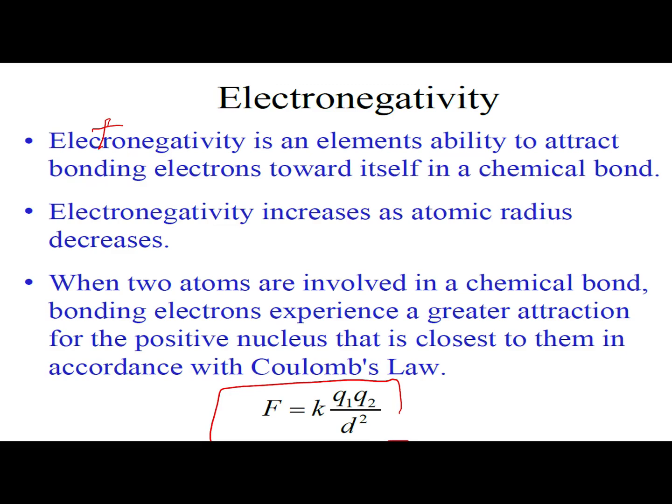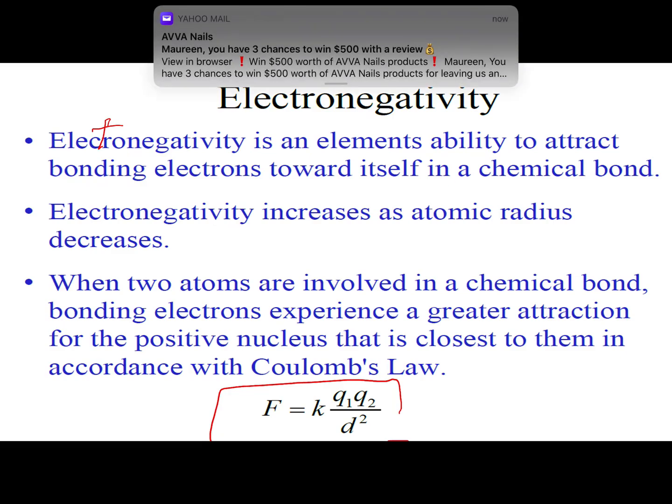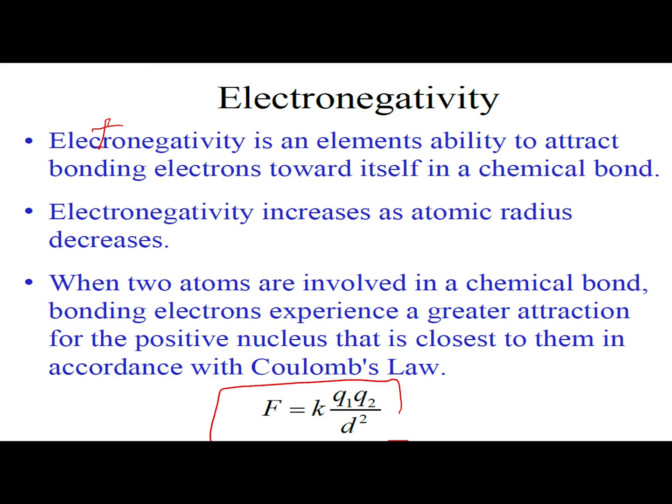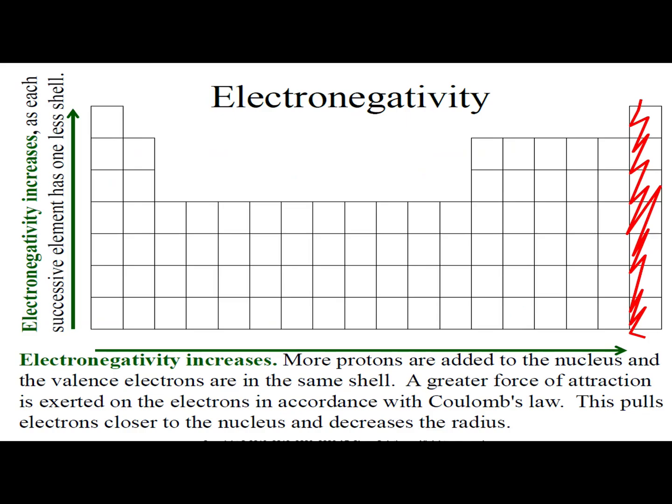radius. So when two atoms are involved in a chemical bond, the bonding electrons experience a greater attraction for the positive nucleus that is closest to them in accordance to Coulomb's law. When moving up a group, each element has one less shell and therefore a smaller radius.